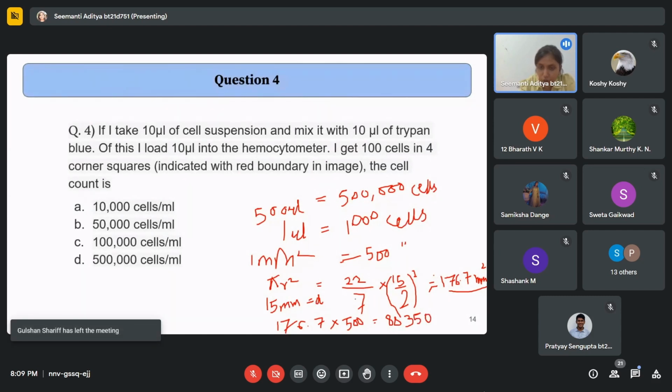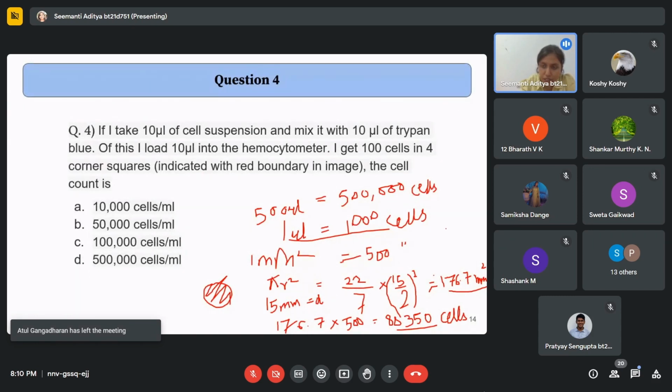So if in this whole cover slip we have to plate around 88,350 cells, how much volume do we have to add so that the whole cover slip gets filled in such a way that 1 millimeter square has 500 cells? For 1 microliter, it is 1000 cells. So for 88,350 cells, how many microliters do we have to add?